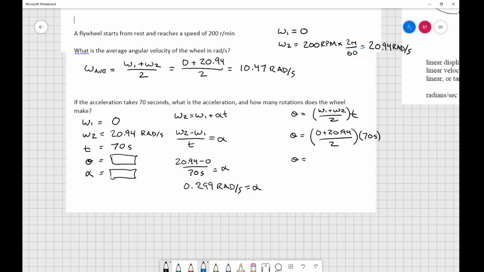Theta is equal to 732.9 radians. My question asked for rotations, so 732.9 radians times 1 rotation per 2 pi radians is equal to 116.6 rotations.